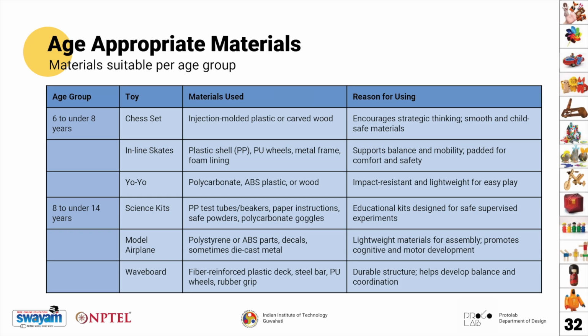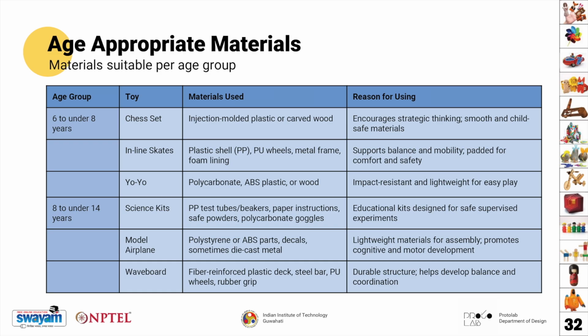Model airplanes are typically made from polystyrene or ABS plastic parts with decals, and sometimes die-cast metal components. These lightweight materials allow children to assemble detailed models, helping develop fine motor skills, patience, and cognitive abilities.